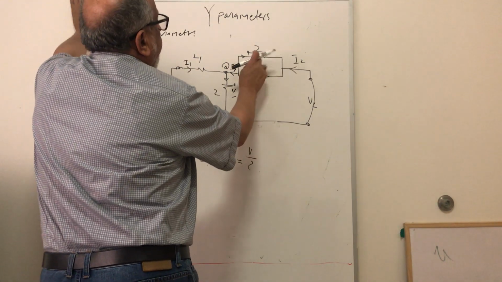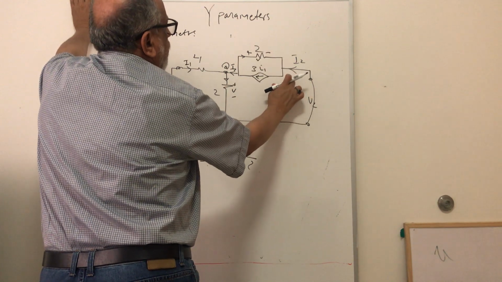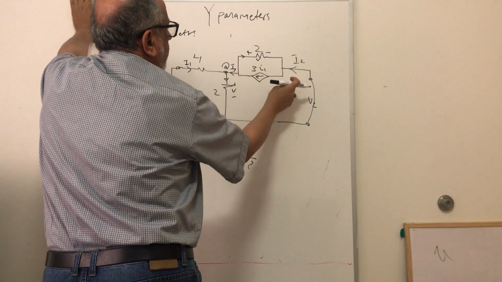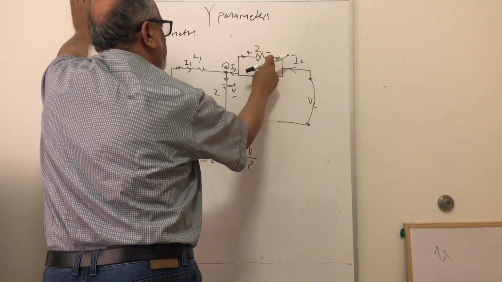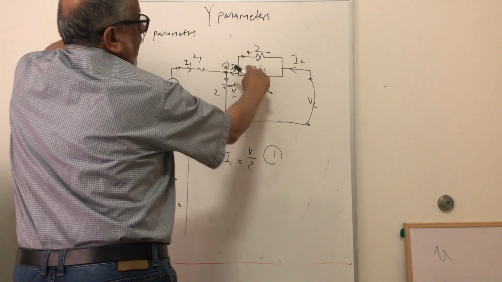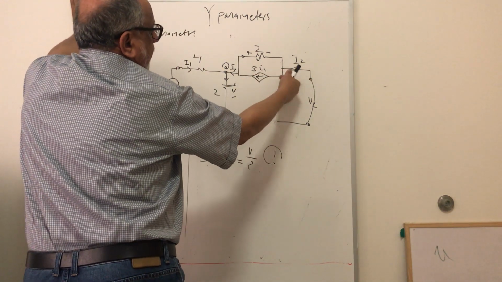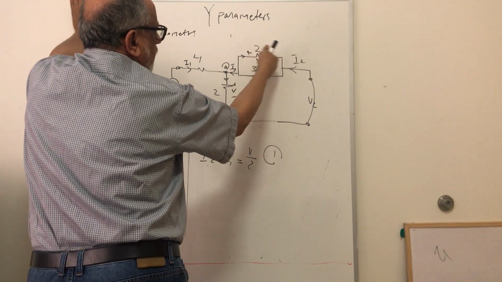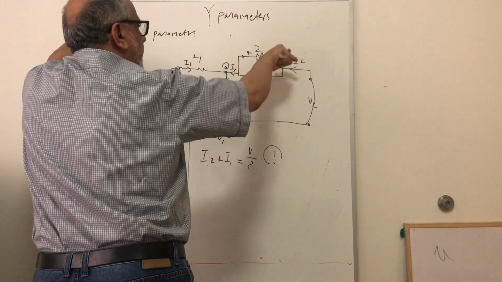But V is this, so we can find it in terms of I2, this voltage. From here, we have a current in, part of it will go here, part will go into this, it will make a drop in the negative direction.